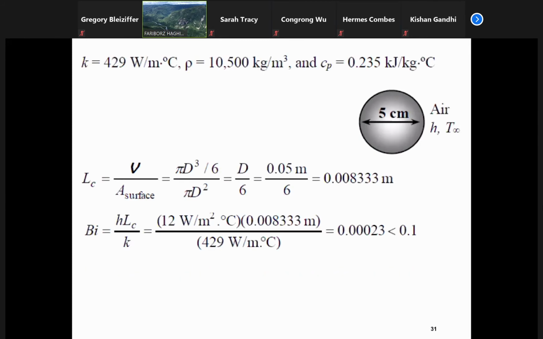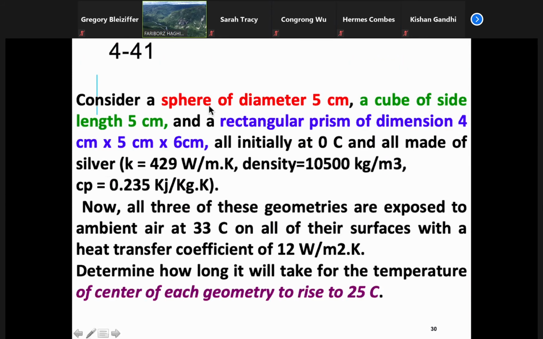Therefore, they're asking us again, now for a cube of length 5 centimeters. Again, we follow the same question here. Determine how long it will take for the temperature of the center of the cube to reach 25, okay? Therefore, that's the question here. Again, the same way, we go back.